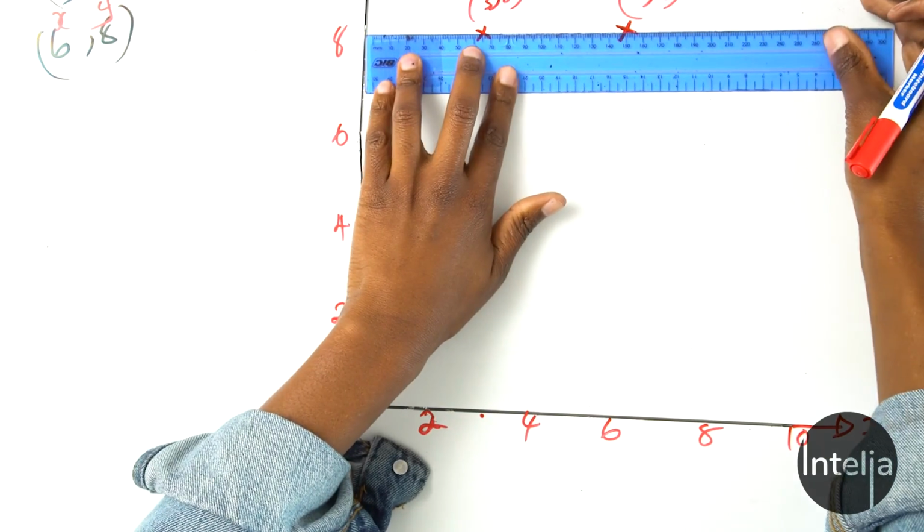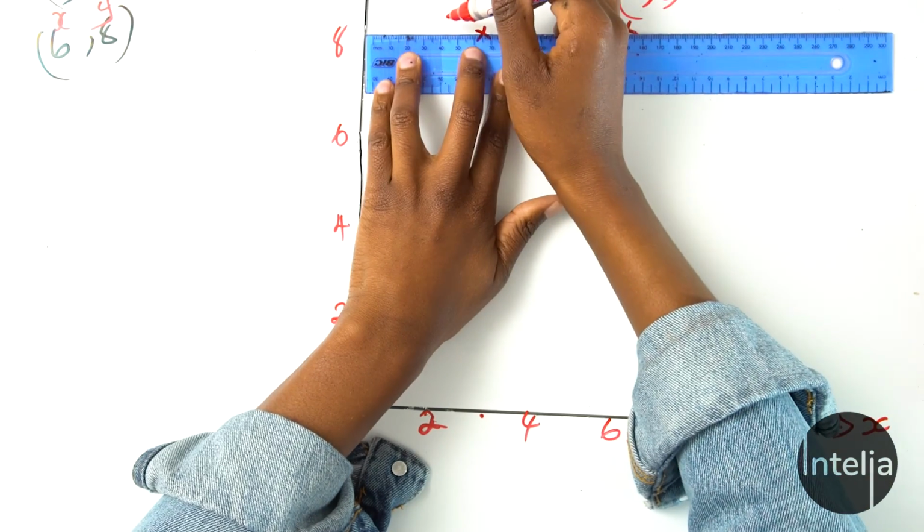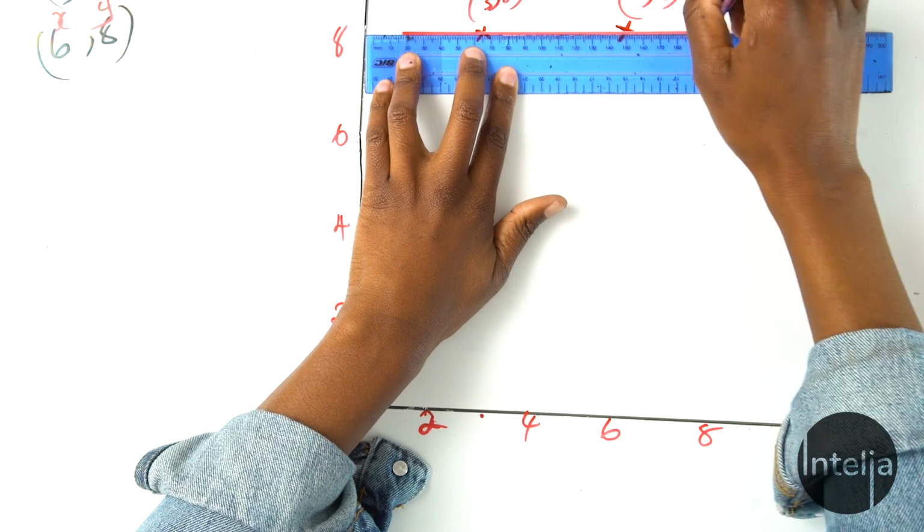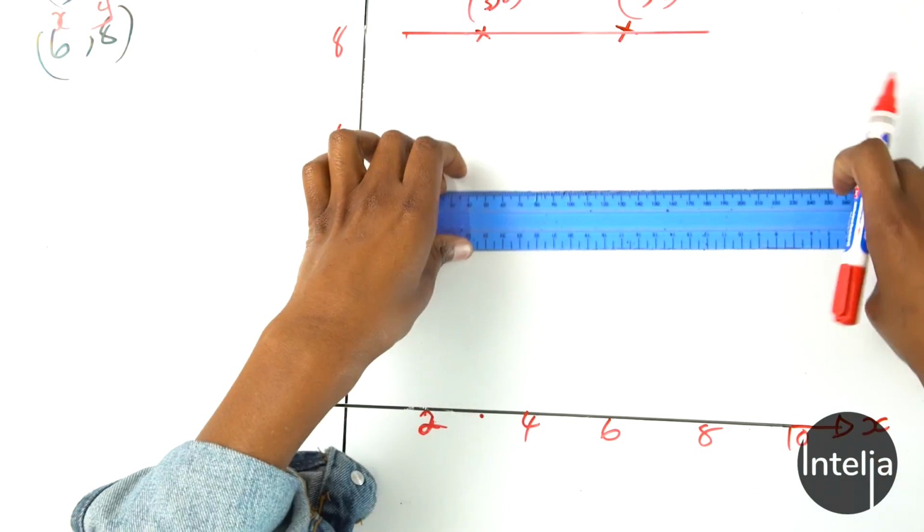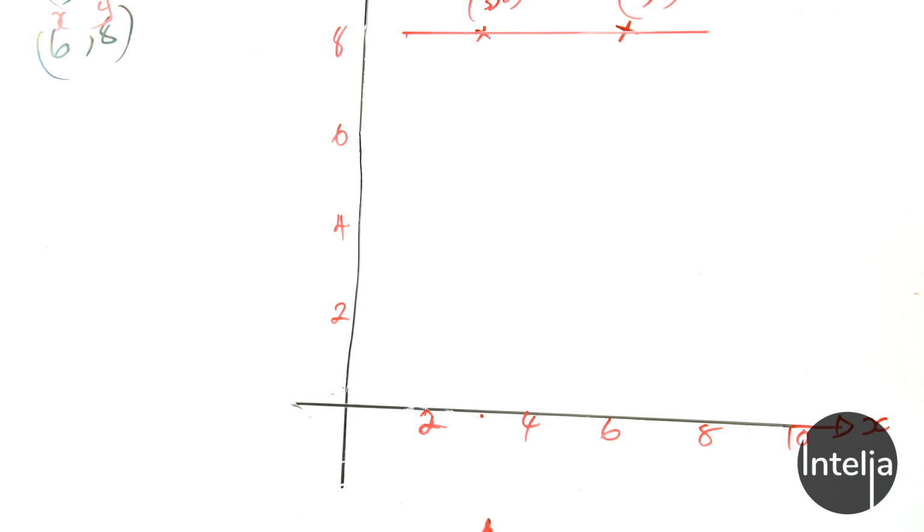This one is different. The line is horizontal. You see, the line is horizontal.